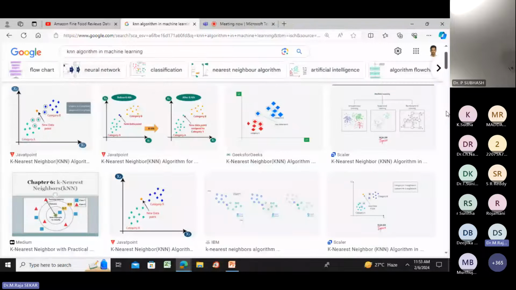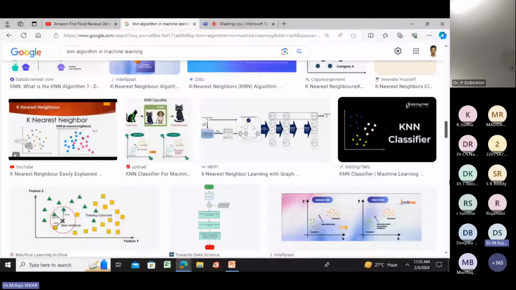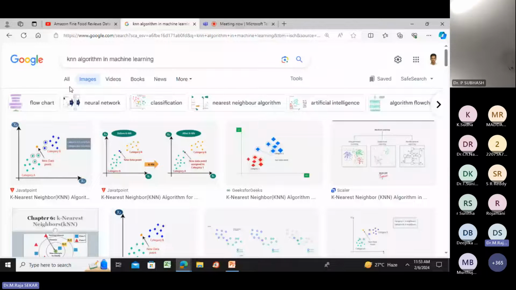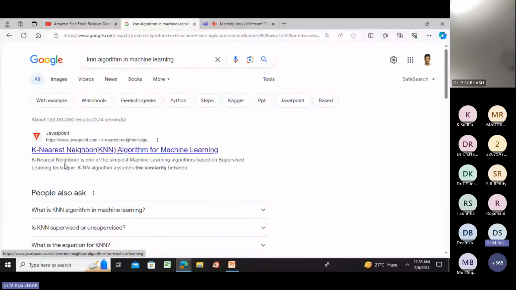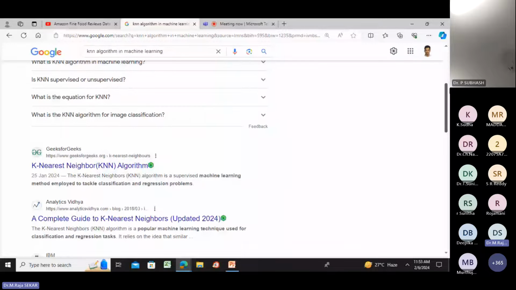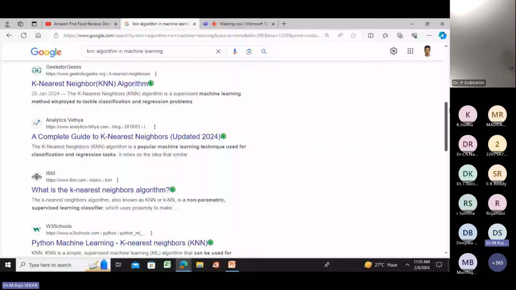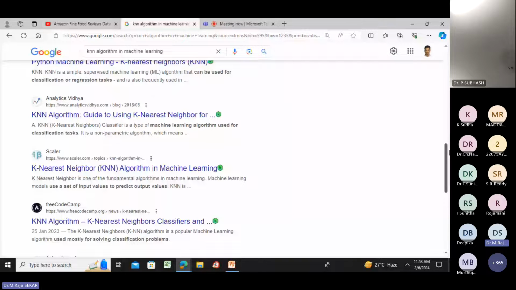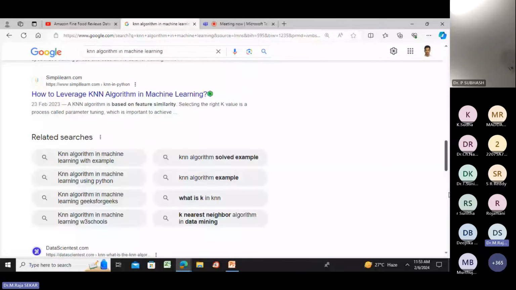I did an image search for the KNN algorithm and I'm getting many articles related to the k nearest neighbors algorithm. What questions are they asking? What is the KNN algorithm in machine learning? Is KNN supervised or unsupervised? What is the equation for KNN? There are IBM, W3Schools, and so many other articles.